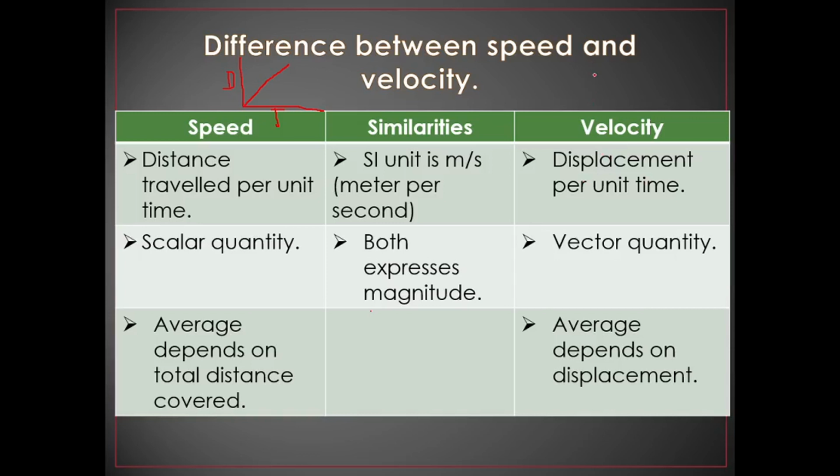It's only displacement. As I told before, if it goes and comes back, then the velocity will become zero because the displacement becomes zero. Speed is a scalar quantity and velocity is a vector quantity. The similarity is that the SI unit is meter per second for both of them.